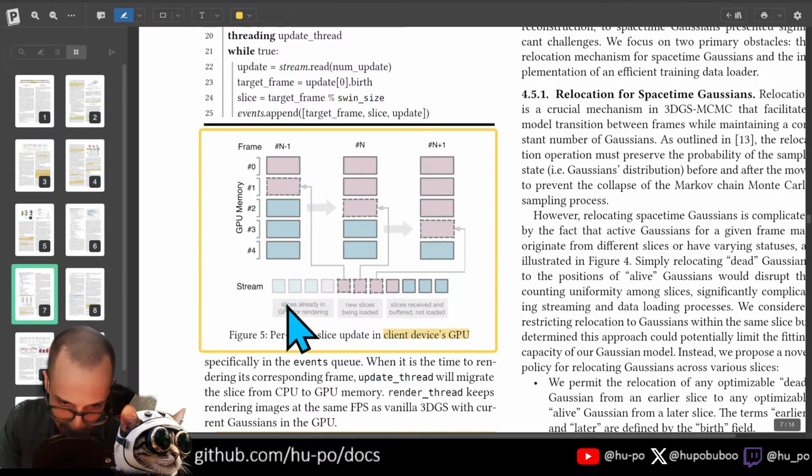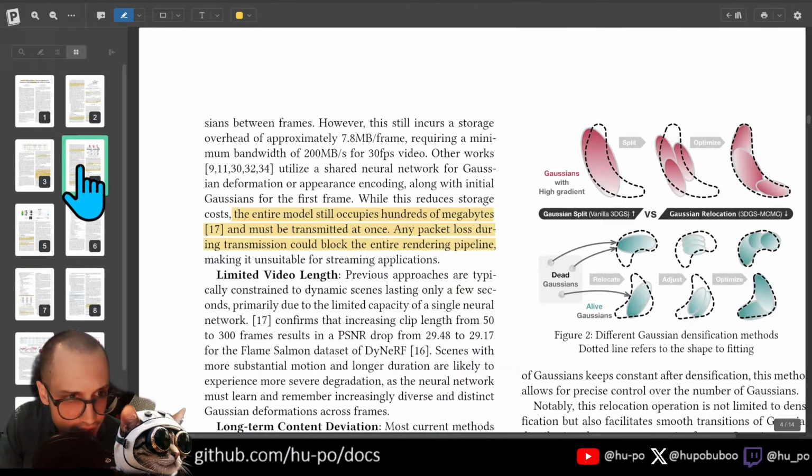So you can see here, slices already in GPU for rendering, new slices being loaded, slices received and buffered, not loaded. So very similar to anything else that is streaming based, you're receiving new information, and you have to get rid of the old information that you don't need anymore and then put in that new information so that you can render it frame by frame in a very efficient way, right?